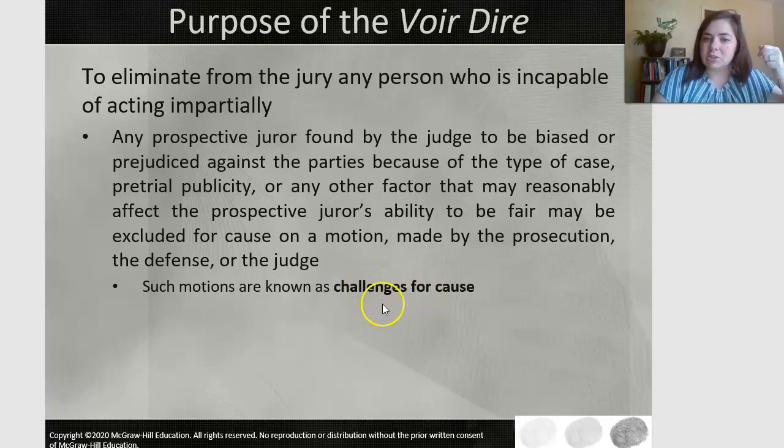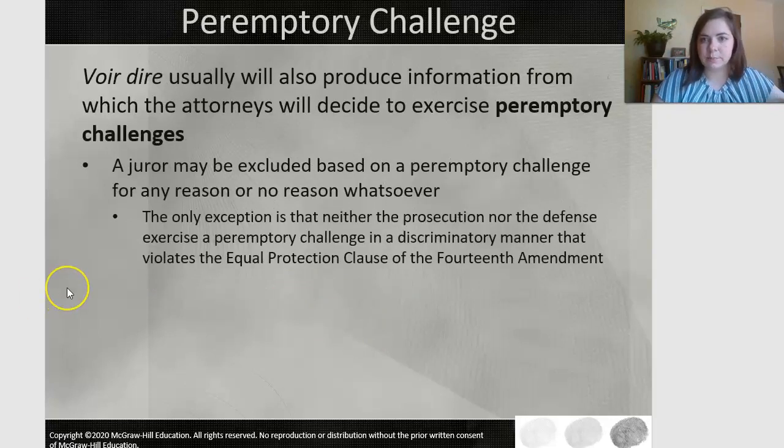And this would be a challenge for cause because there's a reason to remove the person. And then additionally, each side has peremptory challenges, which will let them exclude a juror based on any reason whatsoever.